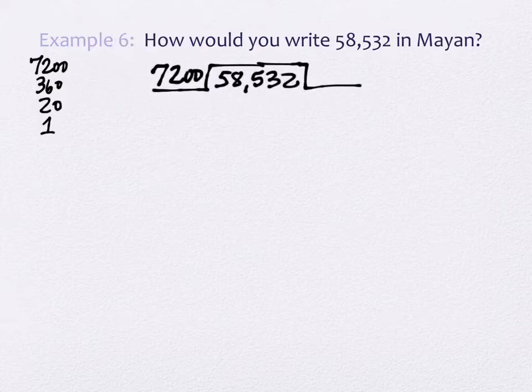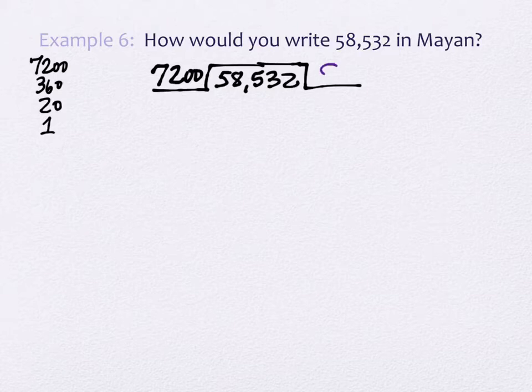All right, so how many times will 7,200 go into 58,532? Your calculator is going to be your friend on this, so make sure and grab it out. You'll need it. How many times will it go in? 8.